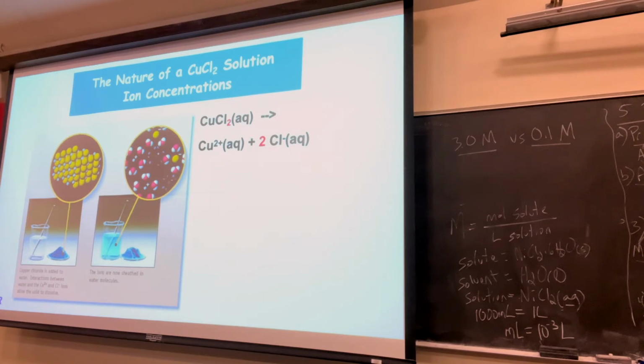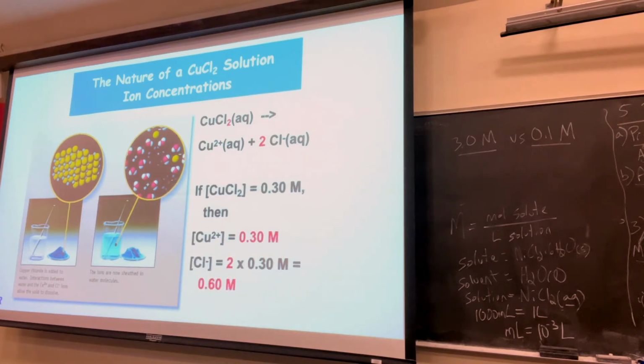But this affects the concentration of chloride. So let's say that we had a copper 2 chloride solution which was 0.30 moles per liter. So that means that if we had a liter of this stuff, 0.30 moles would be copper 2 chloride. Well, the copper 2 plus to copper chloride ratio is 1:1, like there's a big 1 in front of those.